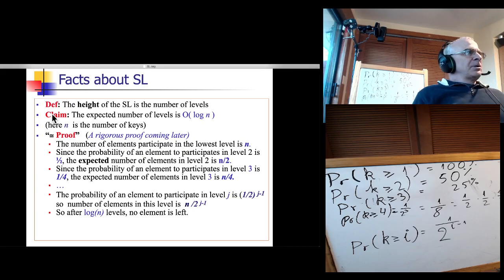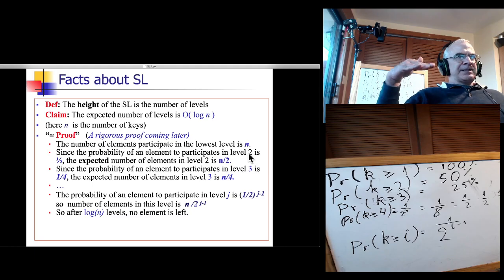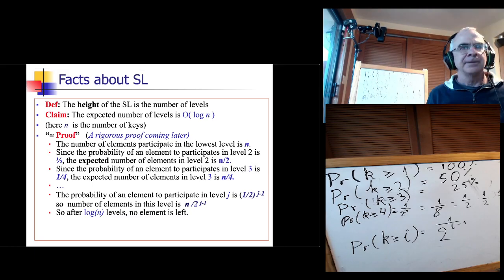Okay. So if we have n keys and n is a large number, how many elements are we expecting to see in level 1? Well, in level 1, everybody appears with probability 1. So the number of elements in level 1 is exactly n. How many elements are we expecting to see in level 2, one level above level 1?